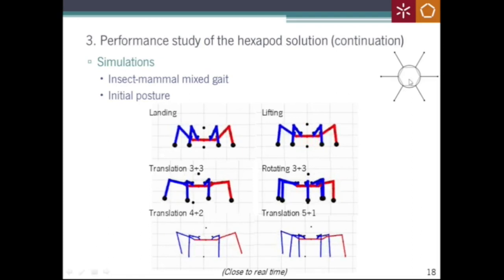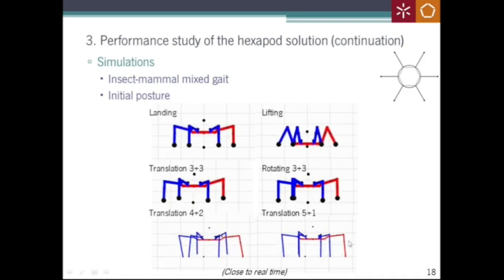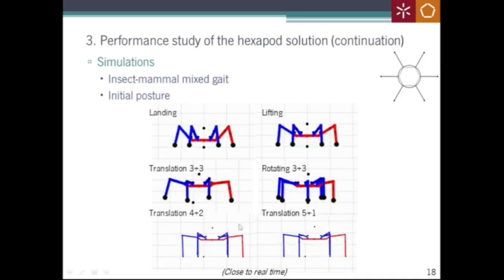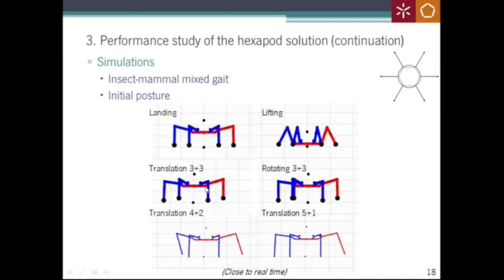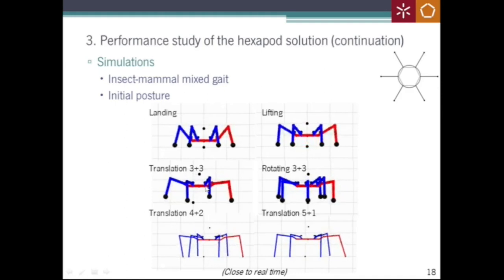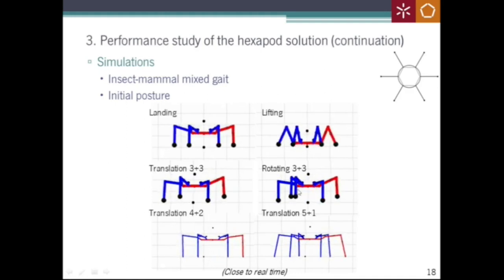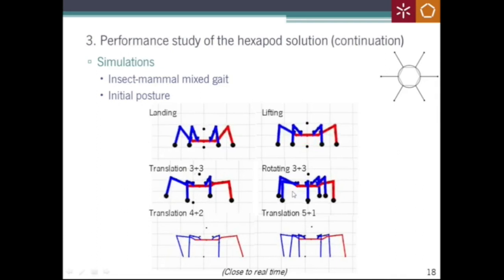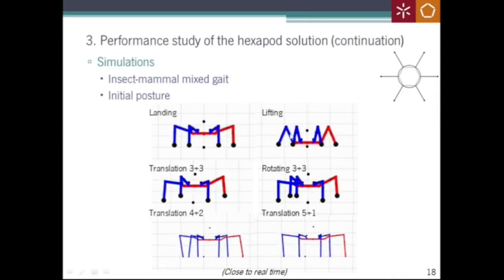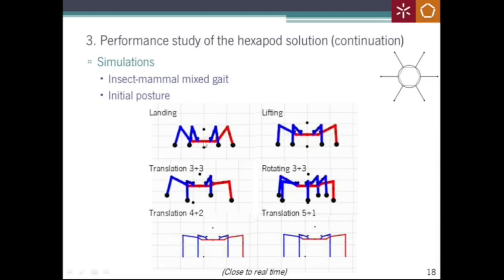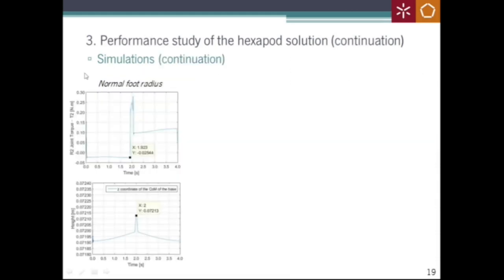This resulted in the presented animation corresponding to 5 plus 1, 4 plus 2, 3 plus 3 translation movements, and 3 plus 3 rotating movement, and also lifting and landing the robot on the ground. Using the 3 plus 3 translation as an example, it was verified that at the moment of transition between the two groups of legs, peaks in the torque of the motor were originated.